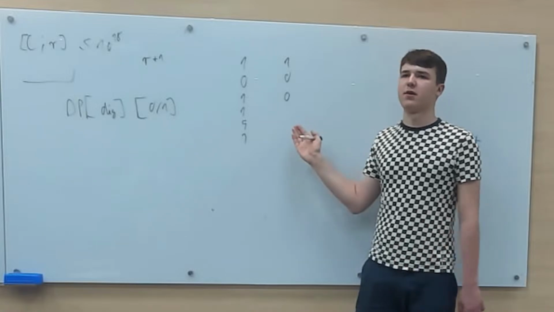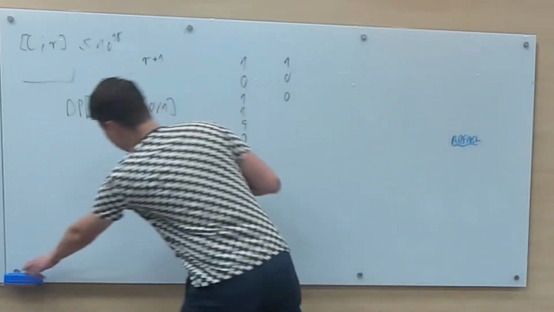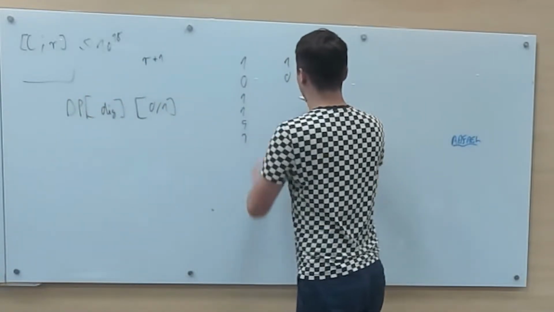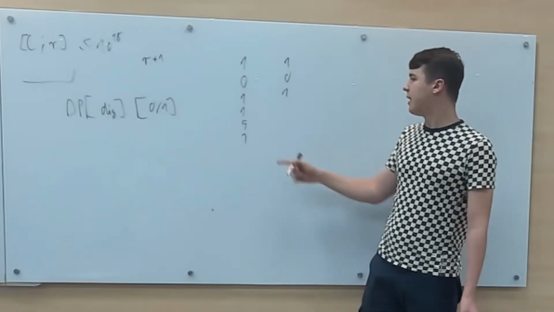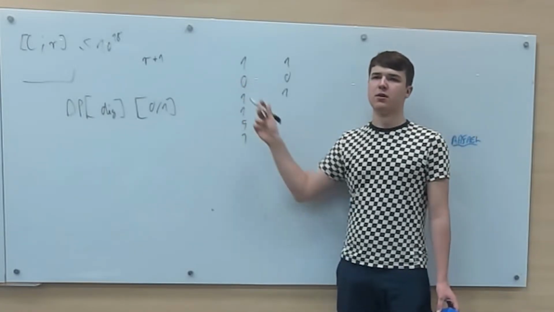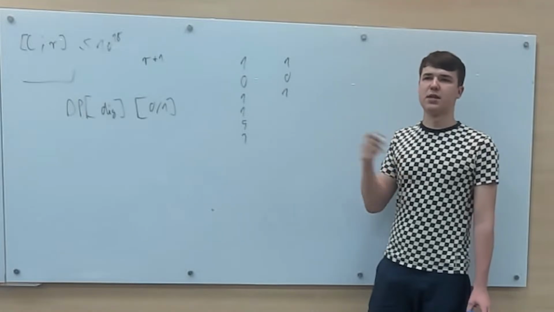There can be anything, right? But if we put 1 here, then it means that we still need to obey those inequalities, because we cannot exceed this number.